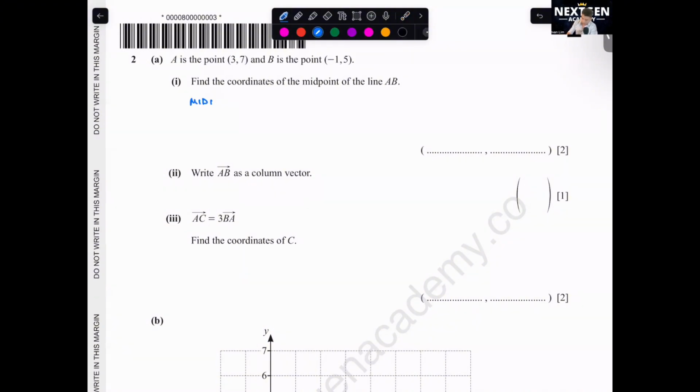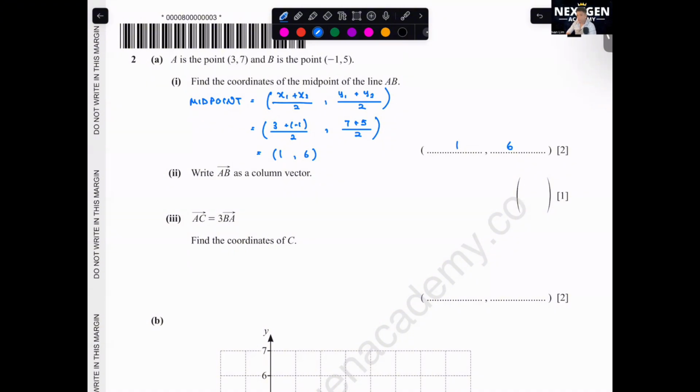Okay, midpoint is x1 plus x2 divided by 2, y1 plus y2 divided by 2. Okay, just put it in the formula. 3 plus -1 over 2. 7 plus 5 over 2. Okay, calculate this. You'll get (1, 6).